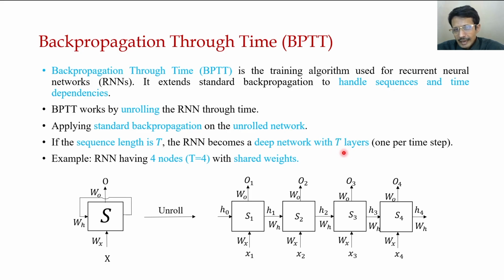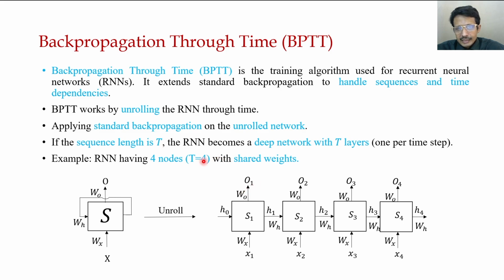This is a kind of analogy. There are 4 time instances, or T time instances, so it is a T layer or 4 layer network, with 1 layer per time step. It is just like a deep neural network or a CNN type of network, but the nodes are at different time steps.